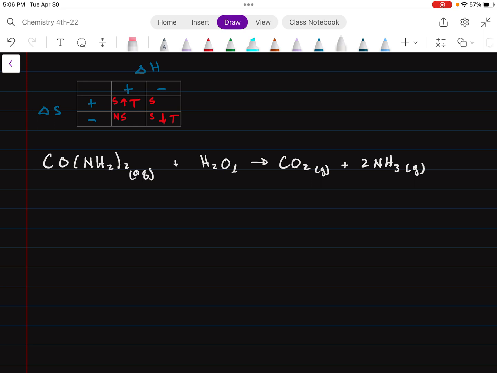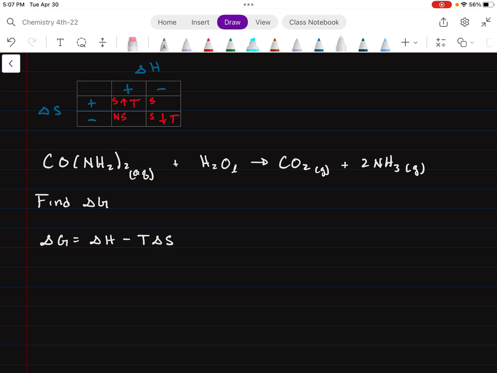So what we're going to do is we're going to find delta G. Now, the formula for delta G is equal to the change in enthalpy minus the temperature times the change in entropy.